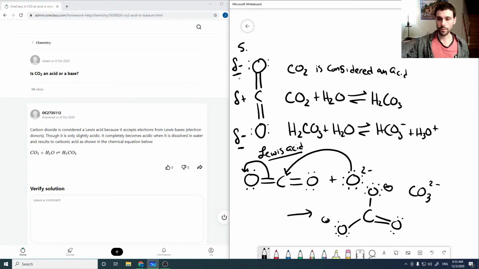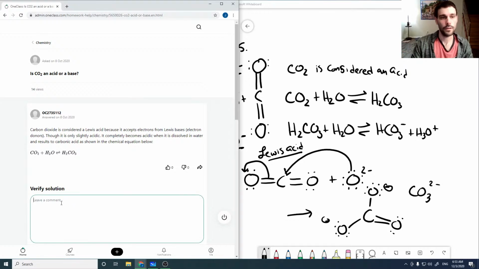When reacted with anions, it will act as a Lewis acid. So carbon dioxide is considered a Lewis acid because it can accept electrons from electron donors, as in the example I showed here. And it only completely becomes an acid when you've dissolved it in water and it forms carbonic acid. So that looks good.